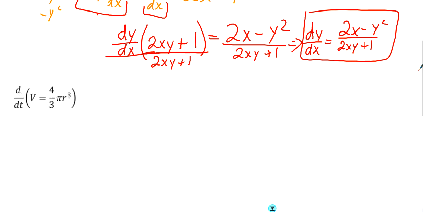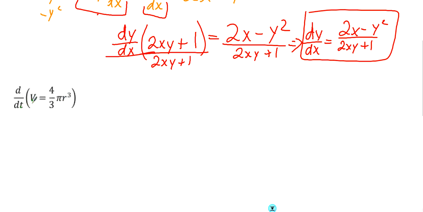All right. Now, our last part. It says take the derivative with respect to t. And we've got V equals 4/3 pi r cubed. This is the volume of a sphere. So we're going to take the derivative with respect to t. I have to take the derivative of all of my variables with respect to t.